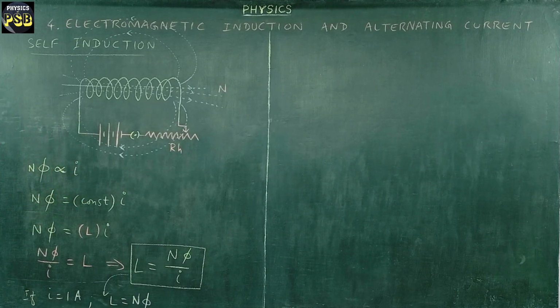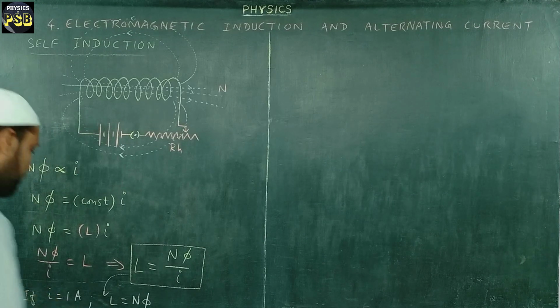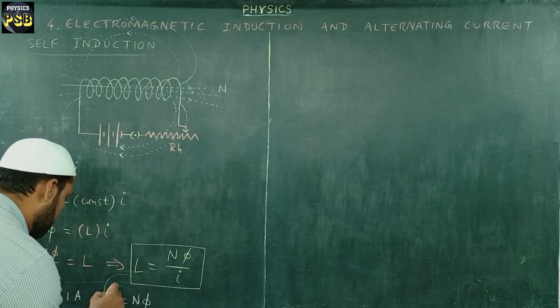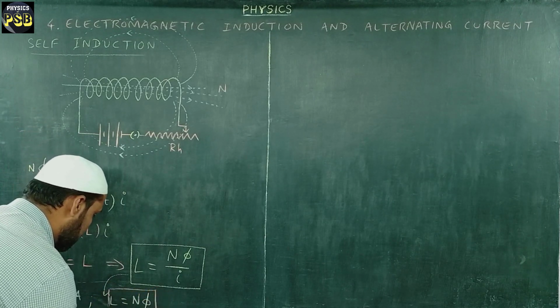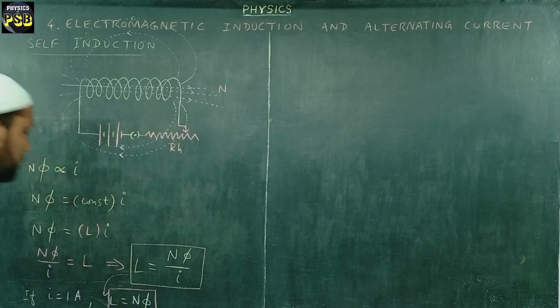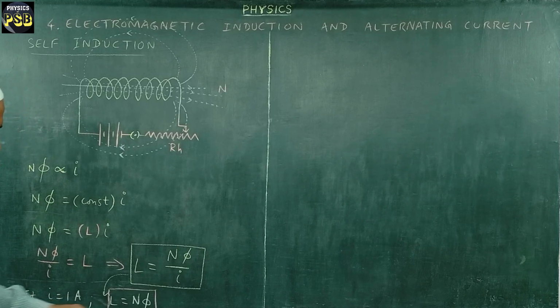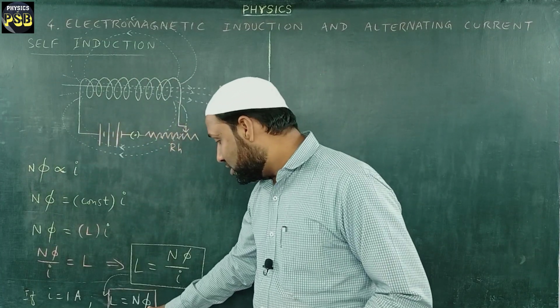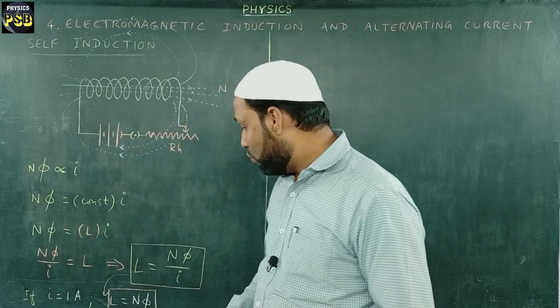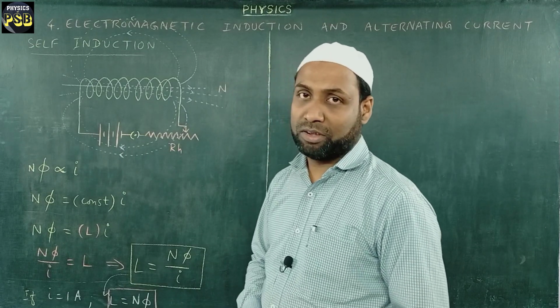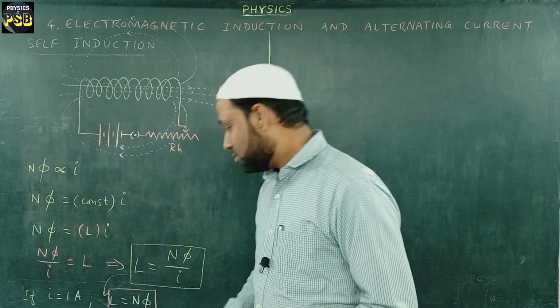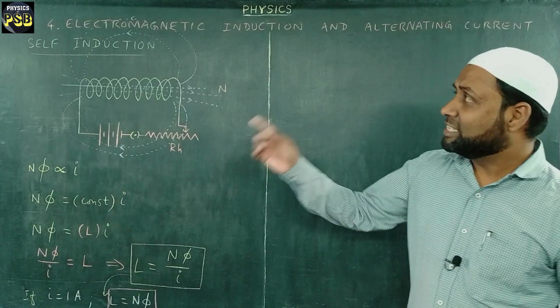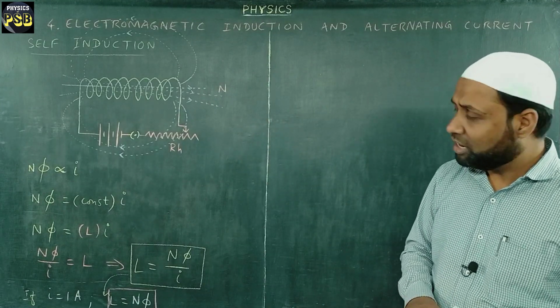This clearly shows that the self-inductance of a coil having N number of turns is equal to the total magnetic flux linked with it when we pass 1 ampere current through it. So this is one definition of self-inductance.